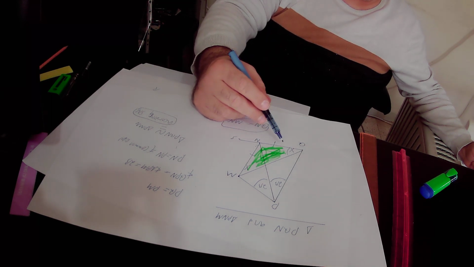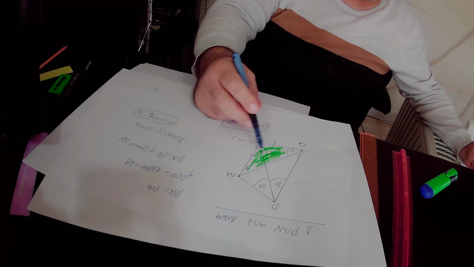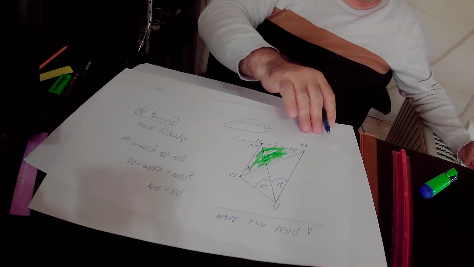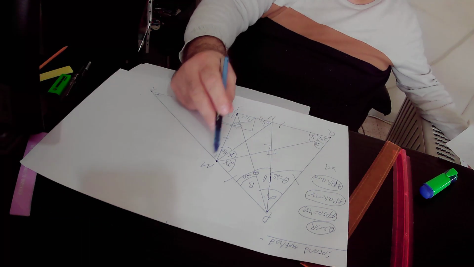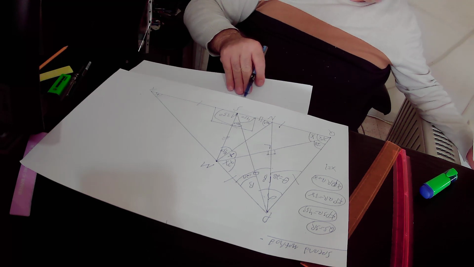The two angles not adjacent to this angle are x and x. That is to say, angle MNS equals 2x according to rule number 4.